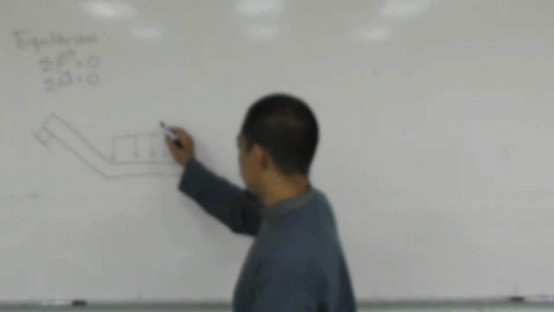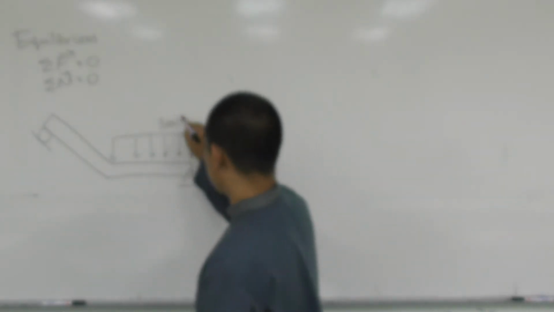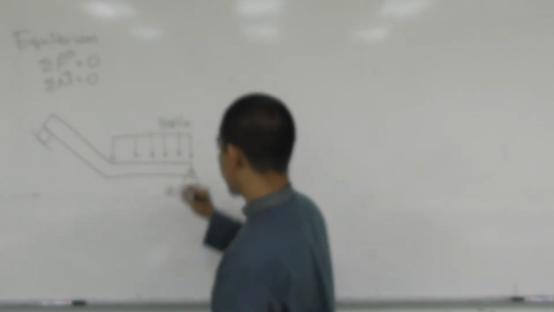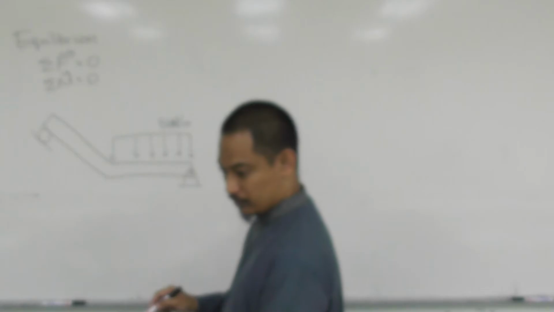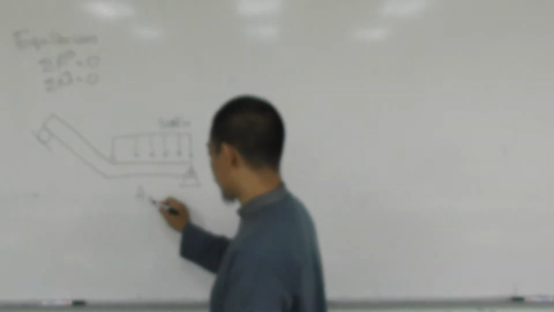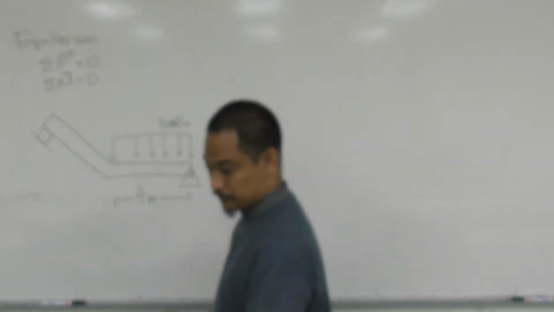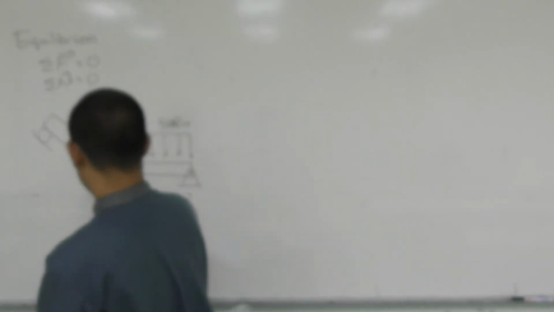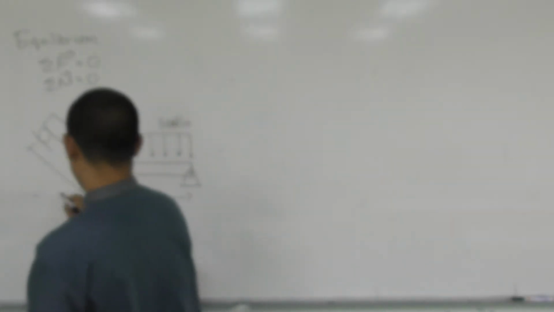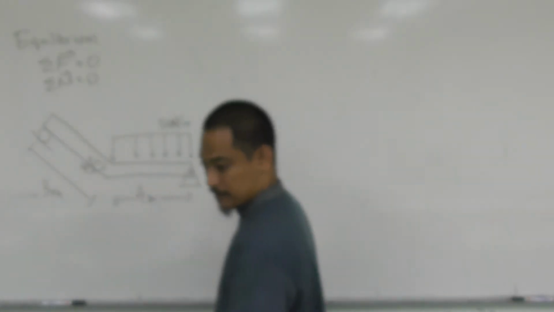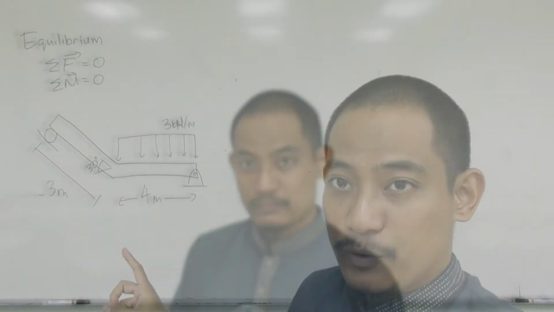Where this is 3 kilonewton per meter, and then this is a distance of 4 meter. This is 30 degrees. And then this is 3 meter. So that is the question there.